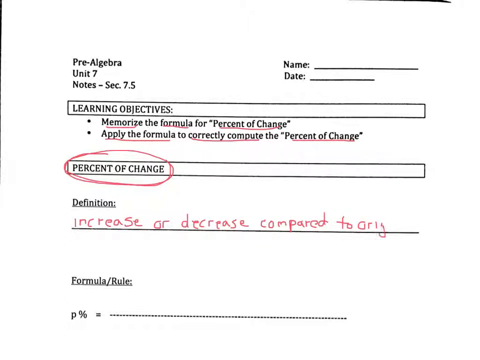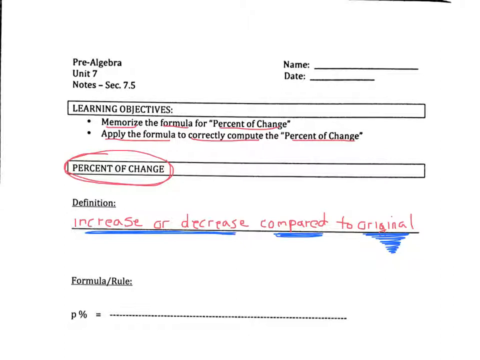So it's the amount that something increases or decreases compared to the original. So that's very important here. How much did it increase or decrease? But that's not enough. We want to compare that to the original amount. The original amount is what you're comparing to.